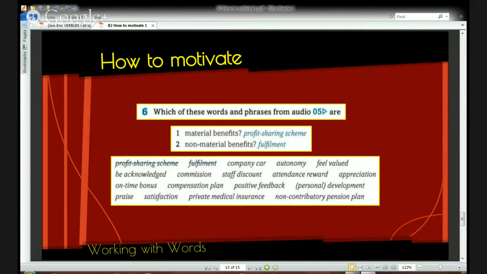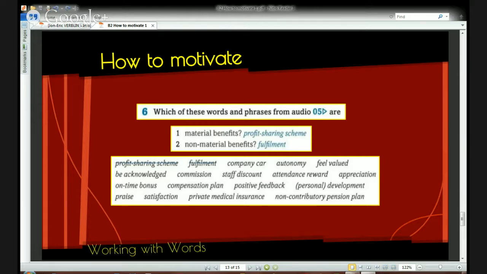So that was pretty rough. Usually a non-contributory pension plan is paid for by the employer. Right. Not the employee. So I think the company pays the pension. Yeah, that's what I was saying. Yep, it's the company who pays, not you.